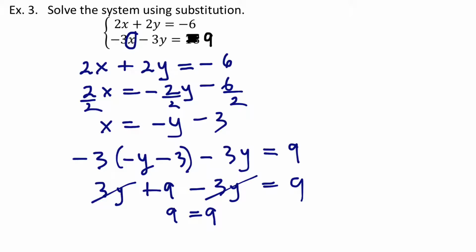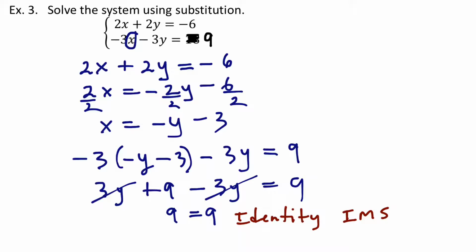All right, so sometimes we call this an identity, and what that means is that it's always true. So when you have an identity, that means you have infinitely many solutions. So if you have infinitely many solutions, that means that any point that satisfies the first equation will also satisfy the second equation.